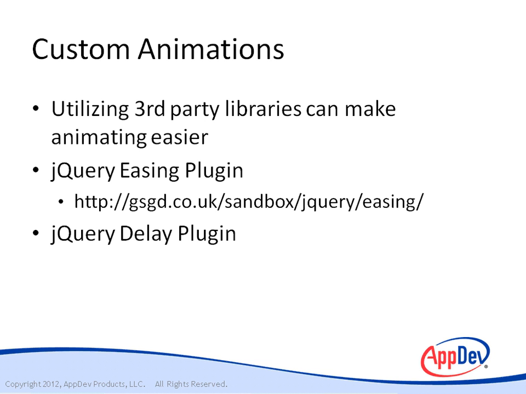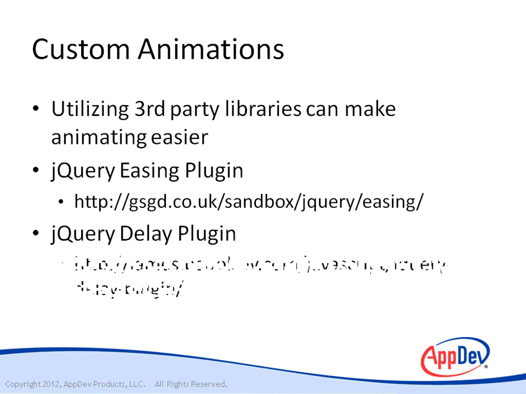Same thing with stringing together animations. When you want one animation to happen after another one, jQuery can do this, but the delay plugin makes it easier to string animations together. Let's take a look at not only how we can apply easing, but also how we can create custom animations in our web applications.